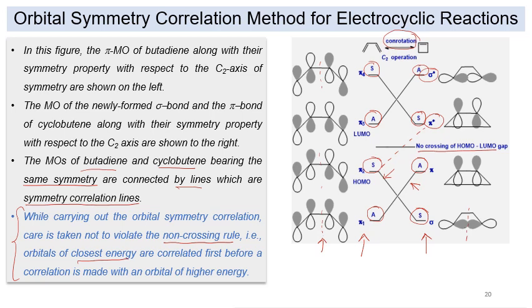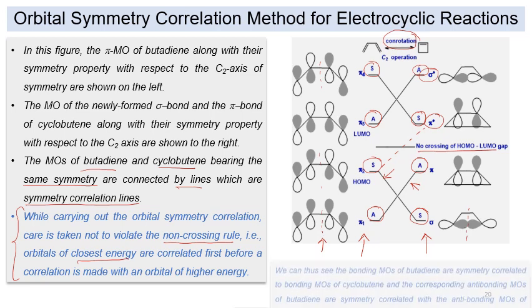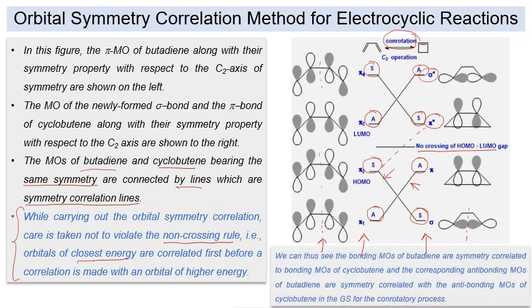Now we can see here in the C2 operation with respect to the conrotation, you are now able to correlate all the symmetries without crossing the HOMO-LUMO gap. Therefore, under thermal conditions, this reaction will be permitted.